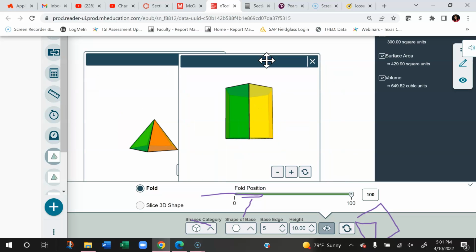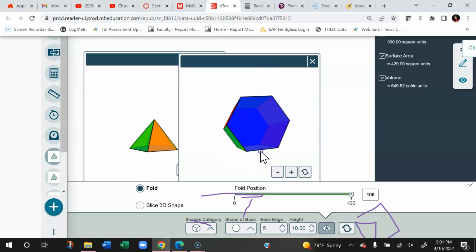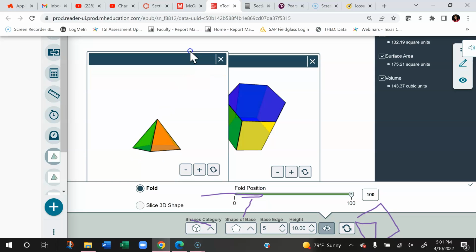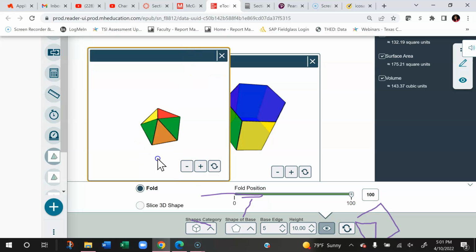And we are on the pentagonal pyramid, which is this one. If we look at this pentagonal pyramid, we have 5 sides with a base. Okay, so we have 5 sides and a base, so that would be 6 faces.